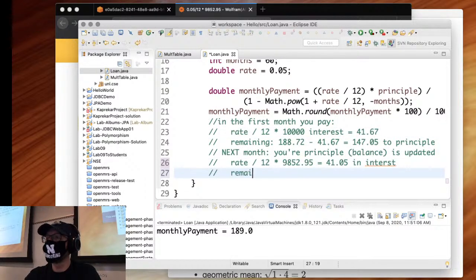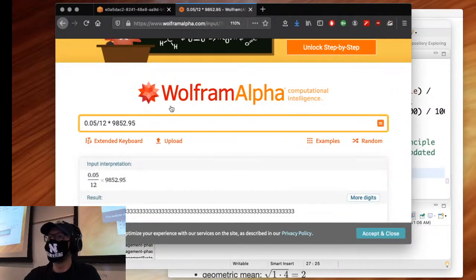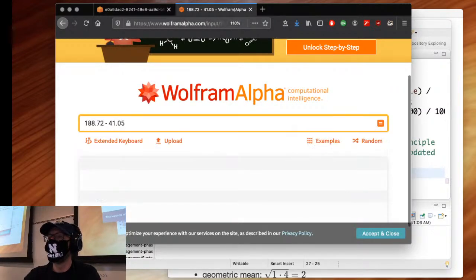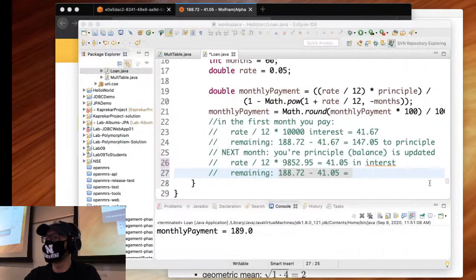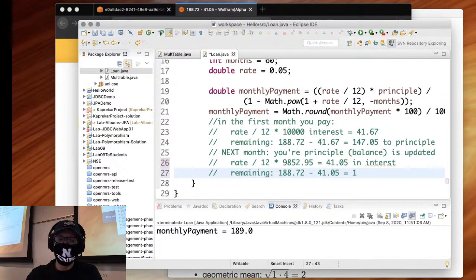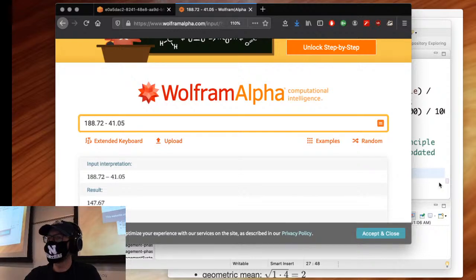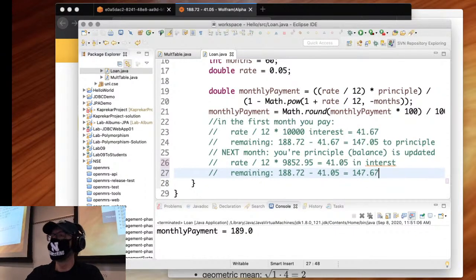And consequently, remaining $188.72 minus this $41.05 means that how much goes to your principal? $147.67. That's what we calculated before.